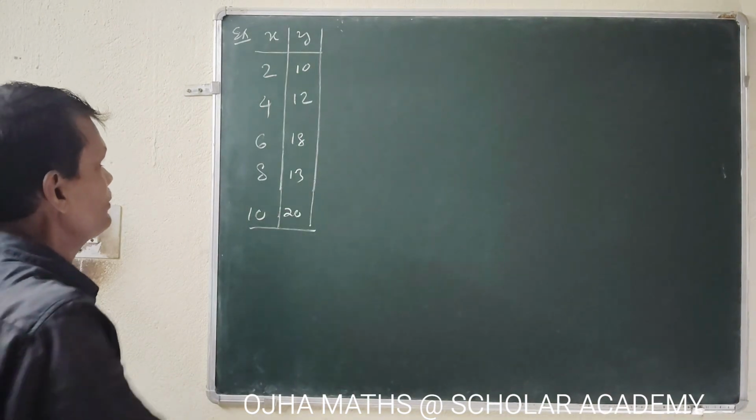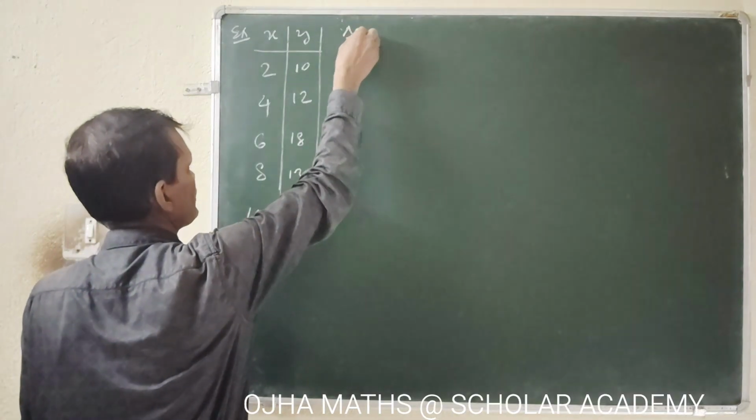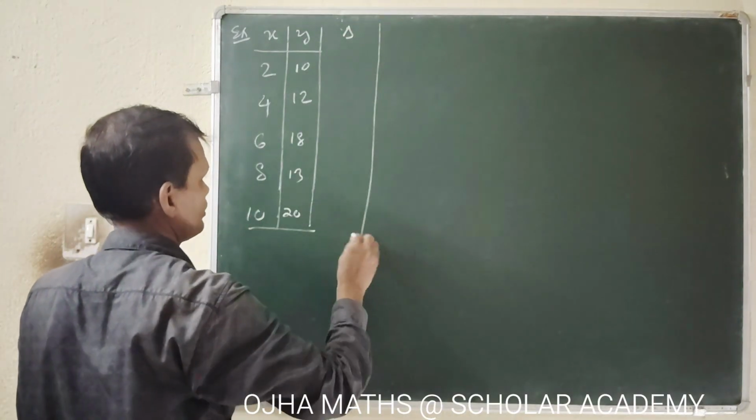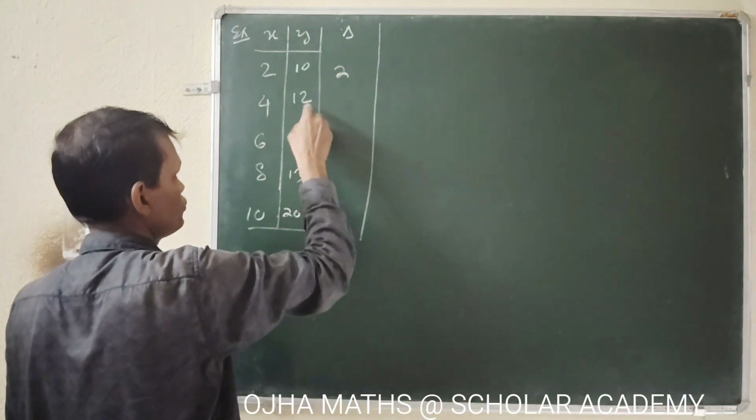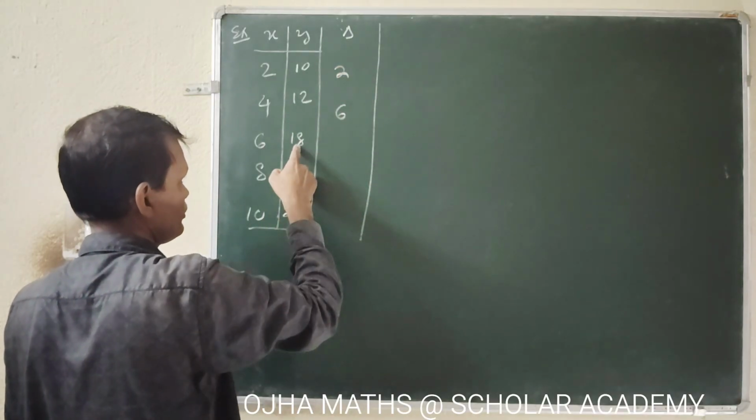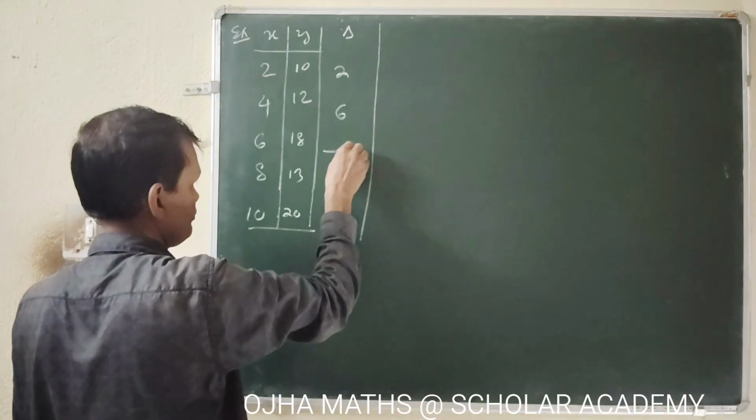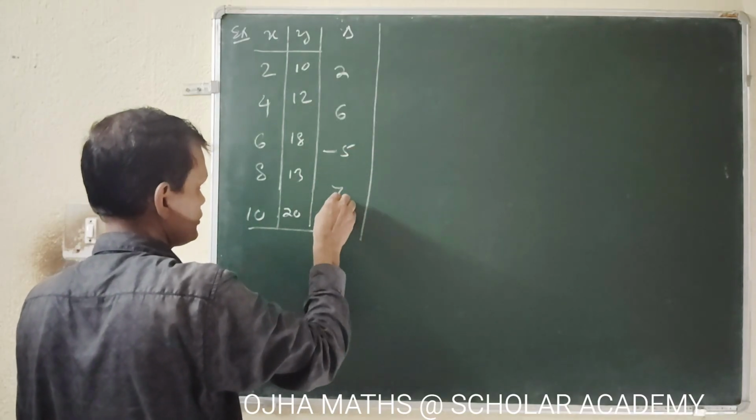Then we have to find the first forward difference: 12 minus 10 is 2, 18 minus 12 is 6, 13 minus 18 is minus 5, 20 minus 13 is 7.